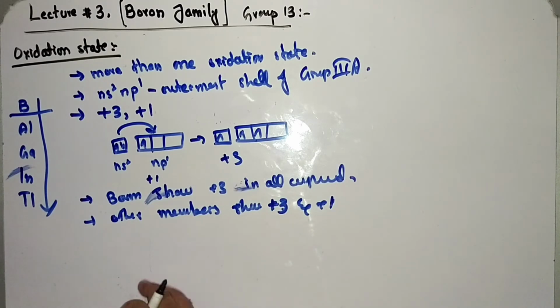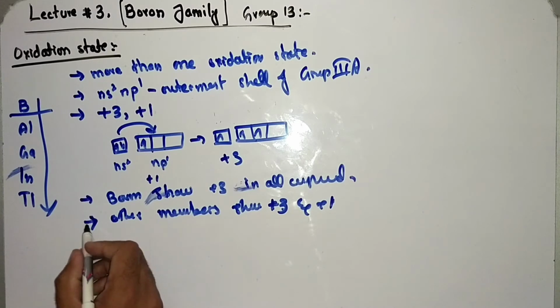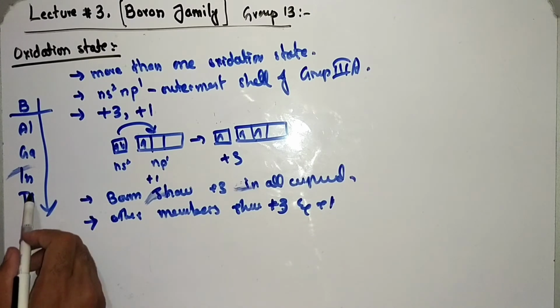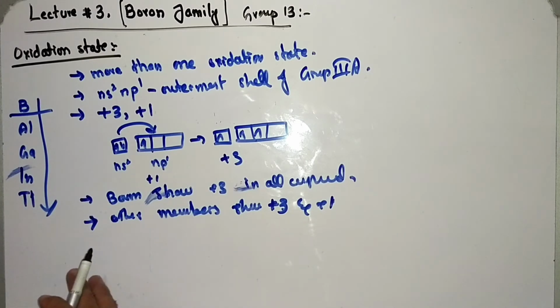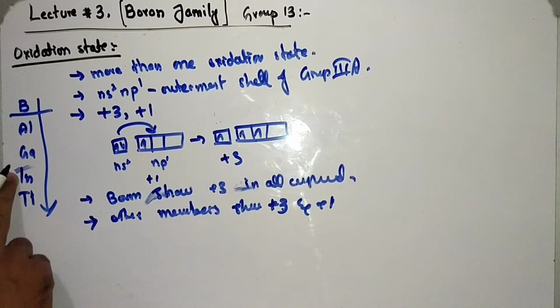The stability of the +1 oxidation state increases down the group. So here thallium will be happy when it has the +1 oxidation state, as compared to indium.